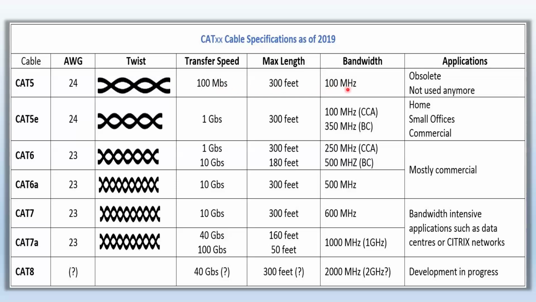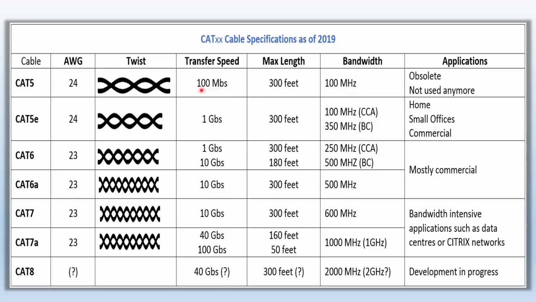Now, bandwidth is measured in hertz. So Cat5, not Cat5e, Cat5 is able to carry 100 megahertz of a frequency. And if you modulate that frequency in some way, that frequency can be transferred from one end to the other in the cable, and still the shape of the signal can be understood up to 100 megahertz.